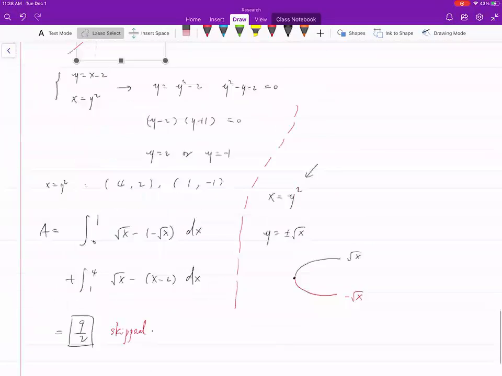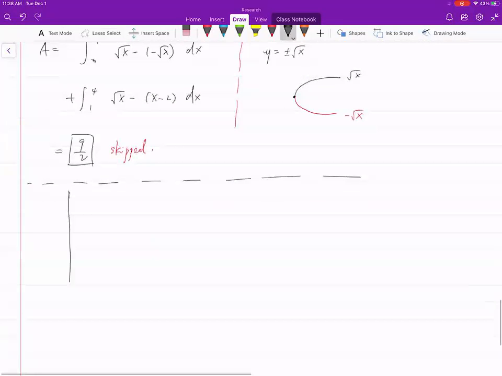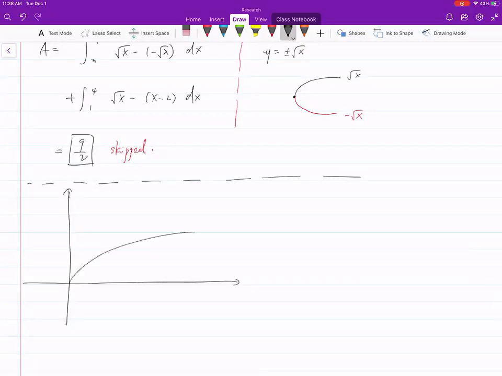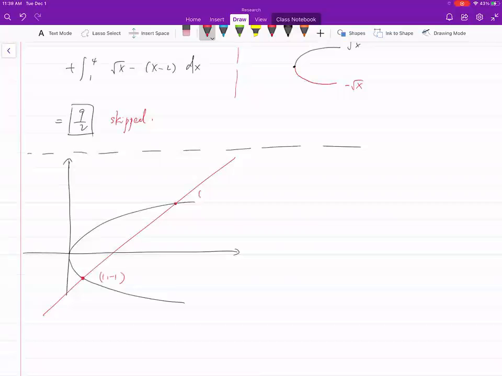Or let's just redraw. Okay, this is what we have. Okay, 1, negative 1, 4, 2.